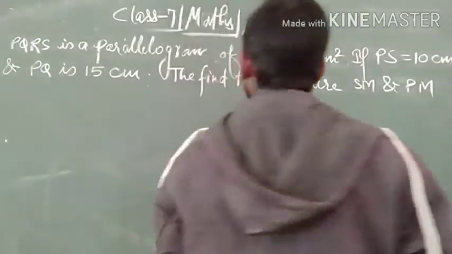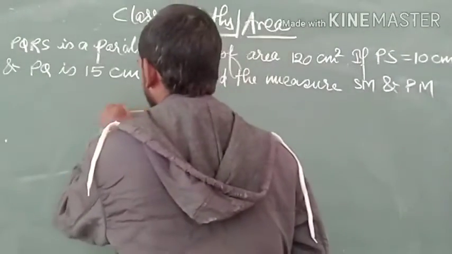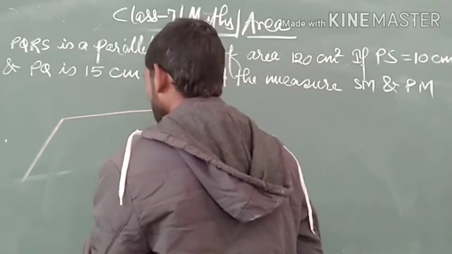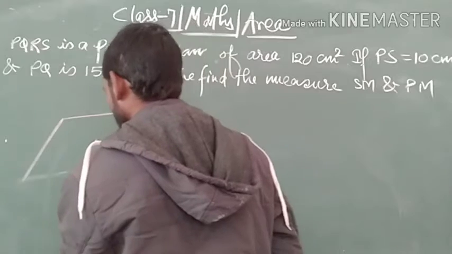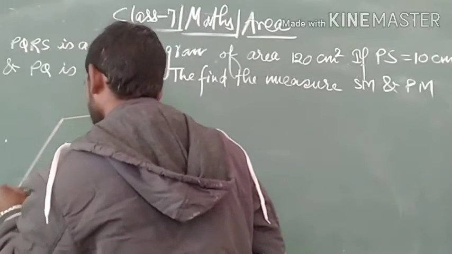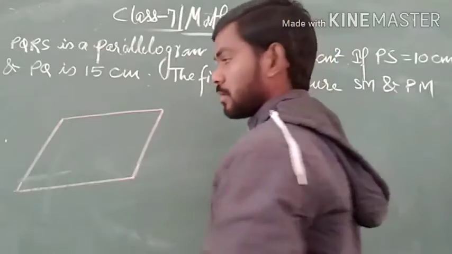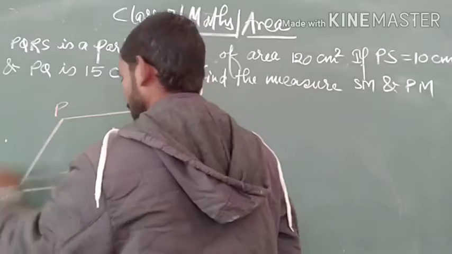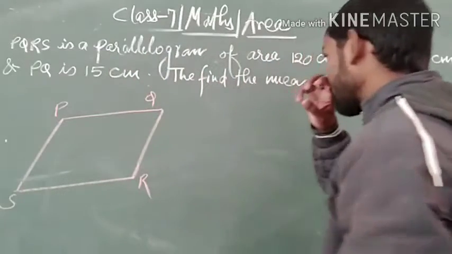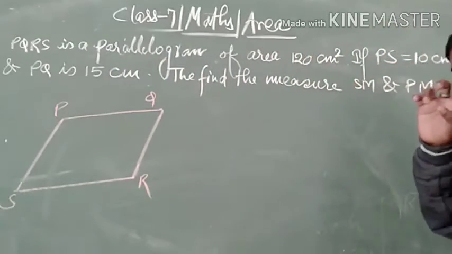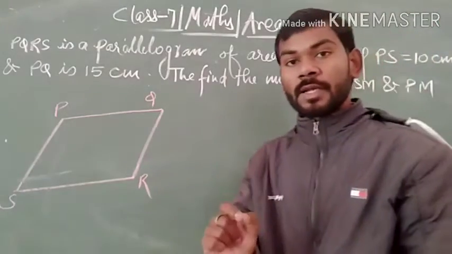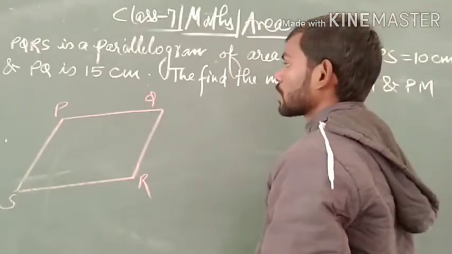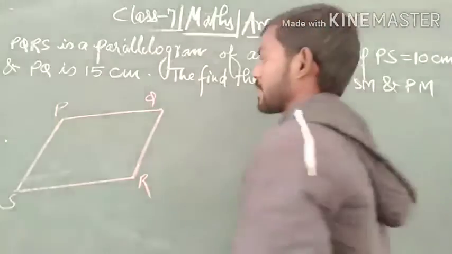PQRS is a parallelogram. So first of all, draw a parallelogram PQRS. This parallelogram has the area 120 centimeter square. Now here given PQ is equal to 15 centimeter, that is the base.